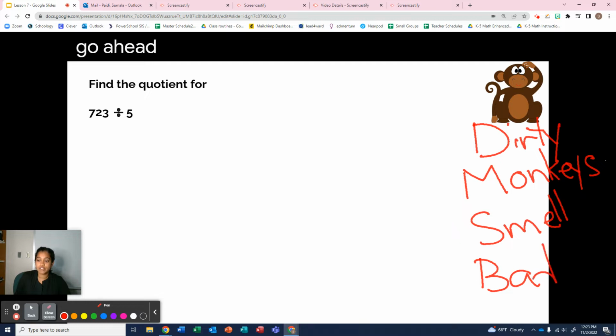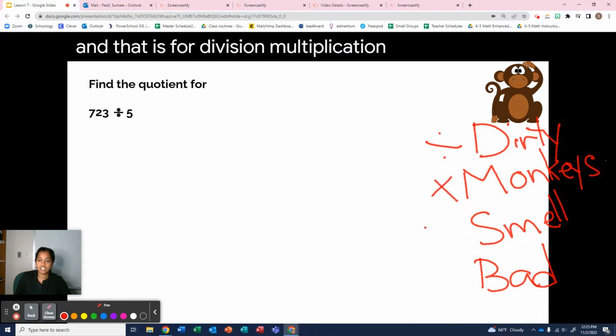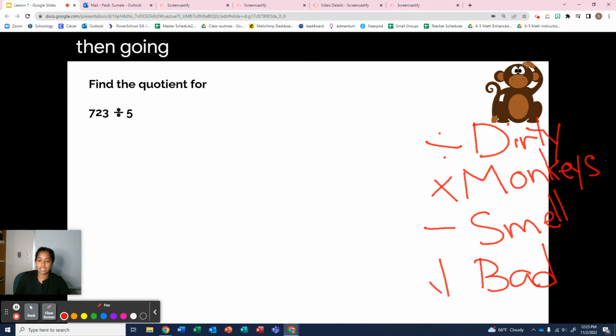Let's go ahead and remember dirty monkeys smell bad. And that is for division, multiplication, subtraction, and then bring down. I'm going to put those in parentheses so we can see it a little bit clearer.